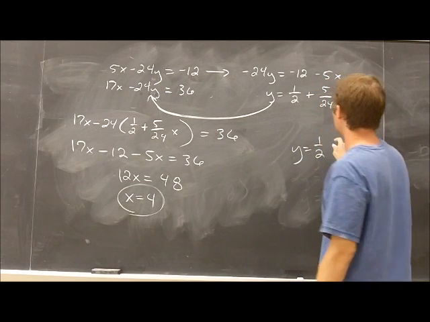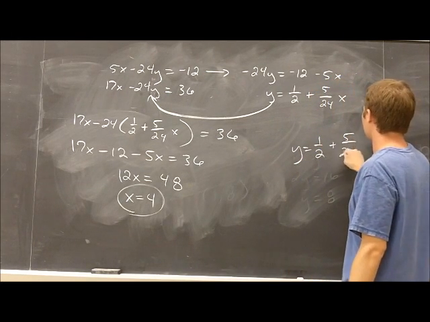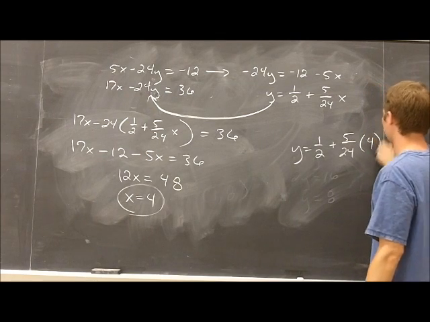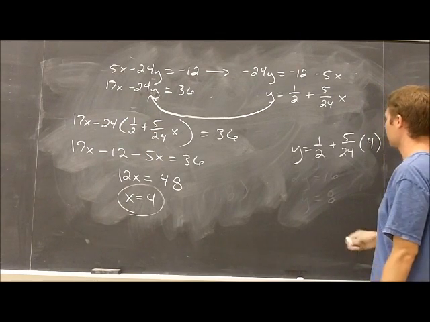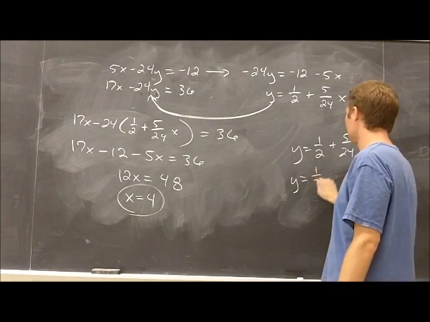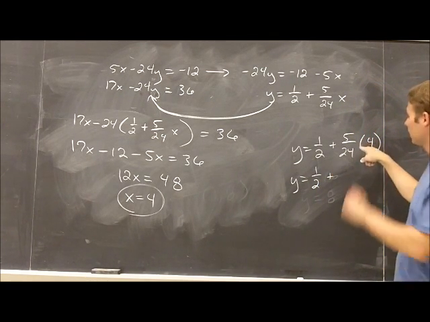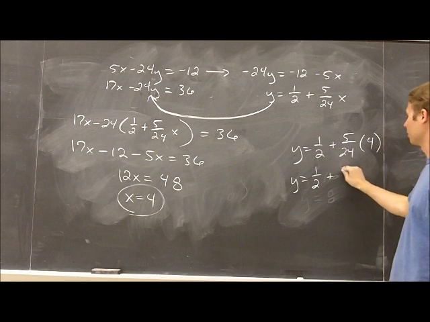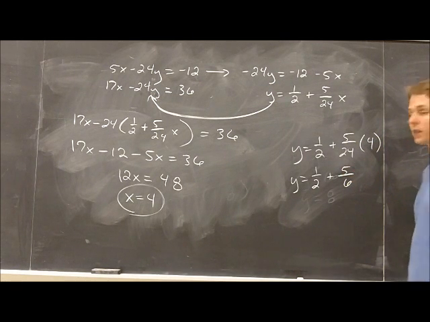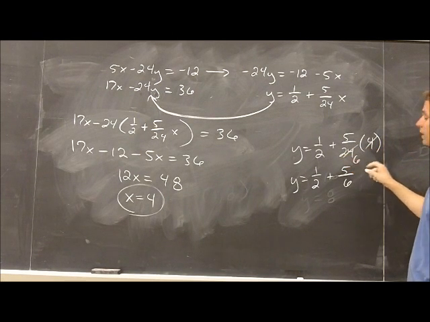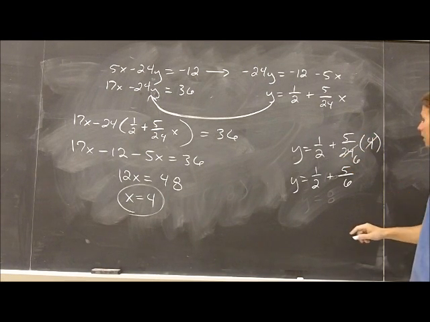So y is equal to 1/2 plus 5 over 24 times x, or times 4 in this case. So that y is equal to 1/2 plus 20 over 24, or which I can think of as 5 over 6. Or I can do this, the 4 goes into 24 6 times, so I get 5 over 6.